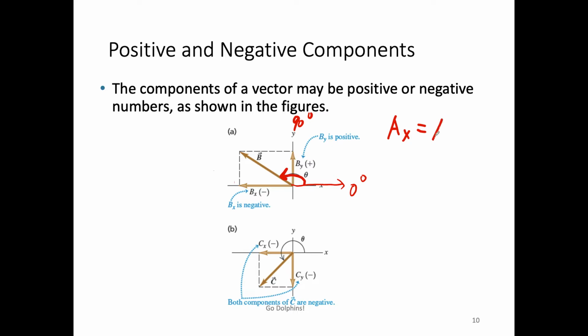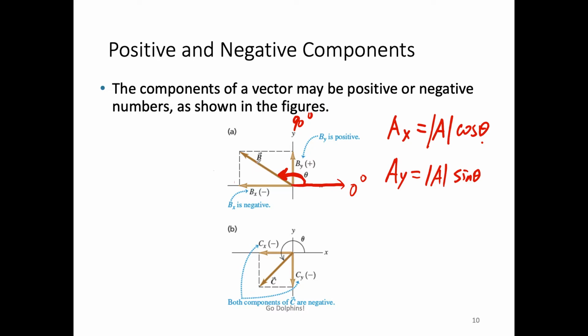Ax would be A times cosine theta, and theta is the angle of the vector, counted starting from 0 degree counterclockwise to the vector. Ay is A sine theta.